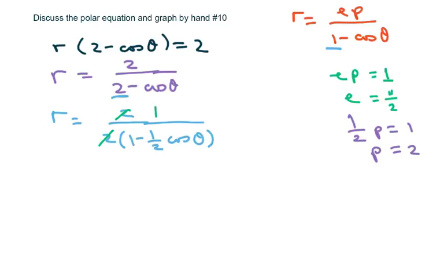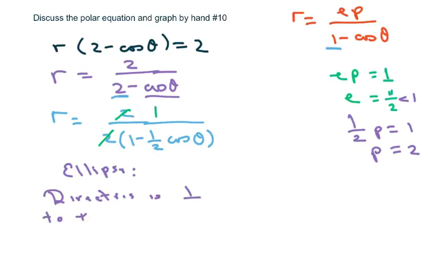Now, looking at the equation, we know that 1/2 is less than 1, so we know this is an ellipse. And the directrix, since this is cosine, it means it's perpendicular to the polar axis, which is the x-axis.